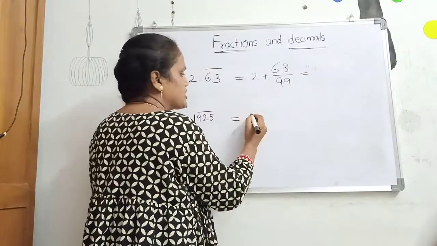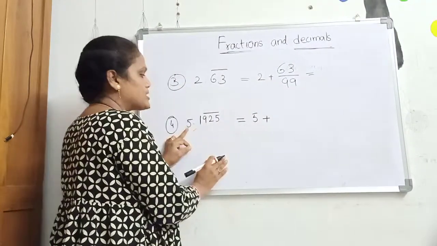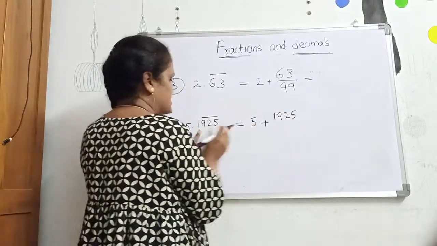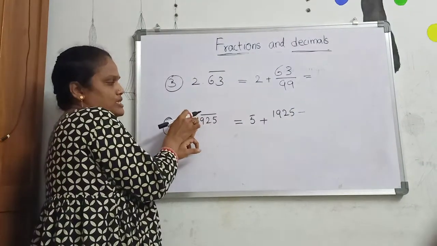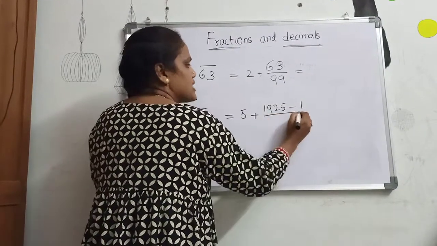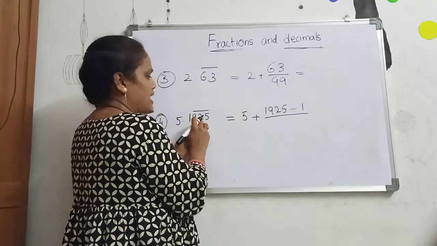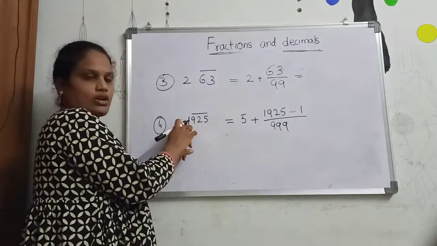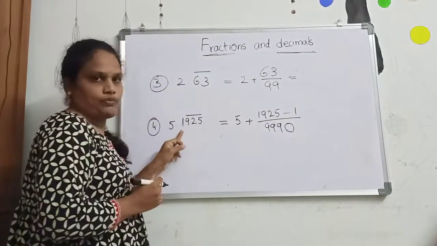So how do we convert it into a fraction? After the point, 5 is there, so 5 plus 1925, write it as the whole number, minus 1, because above the 1 there is no bar, so take that one as a minus, divided by nines. The 3 numbers having the bar symbol give 999, and above the 1 there is no bar, so we put 0.